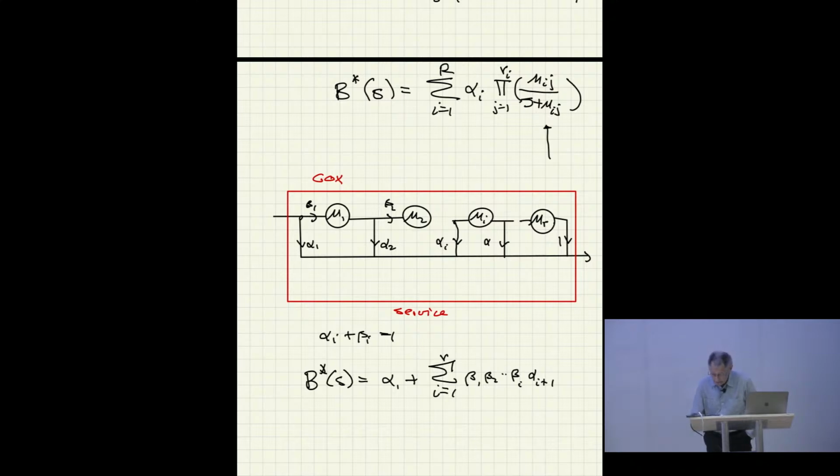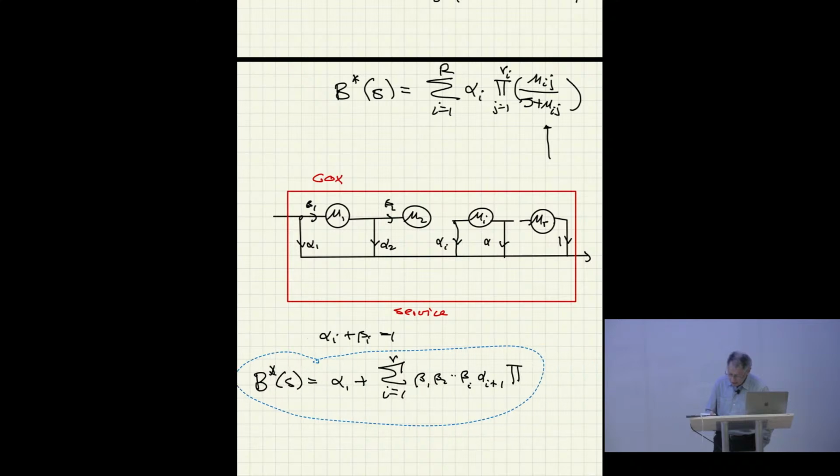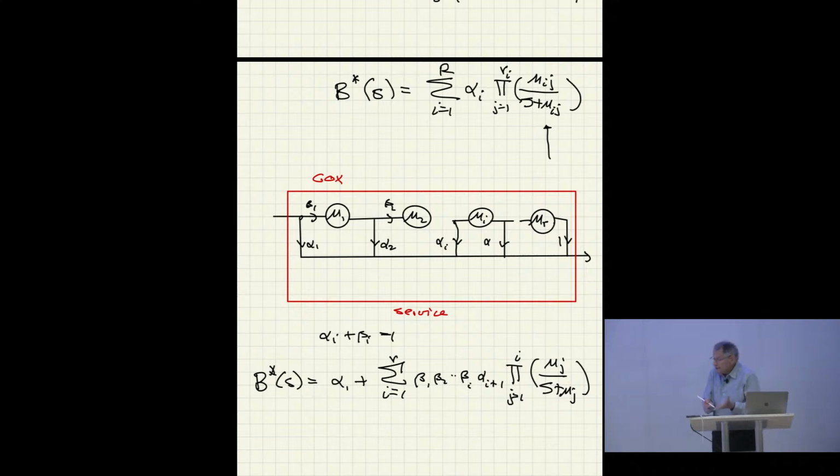And if you do that, you're going to have a product of service time densities. And that product goes from j equals 1 to I of our friend mu j over S plus mu j, for all possible j's up to I. We could write that down by inspection.